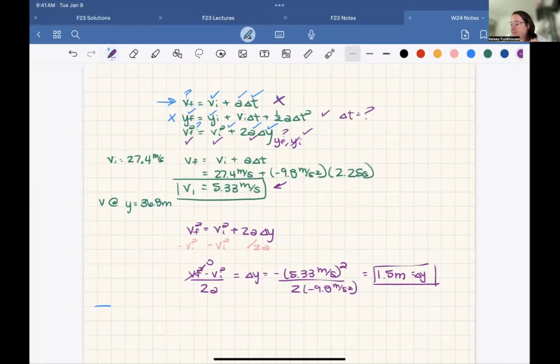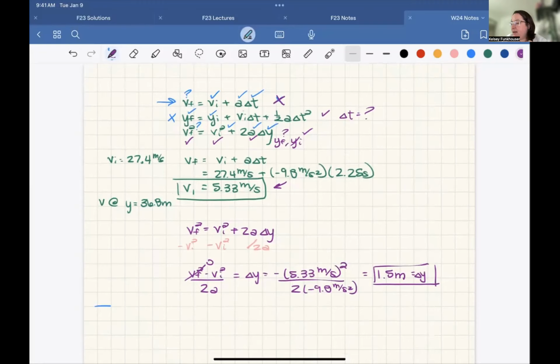And then finally, we wanted to know how much higher it goes from that 36.8 meters. And this is the purple now. We didn't want to use the first equation because it doesn't have the position in it. And then the next two have the position, but we didn't have the time.